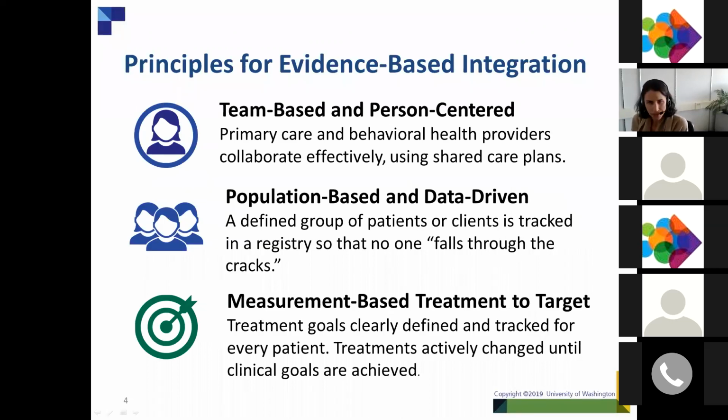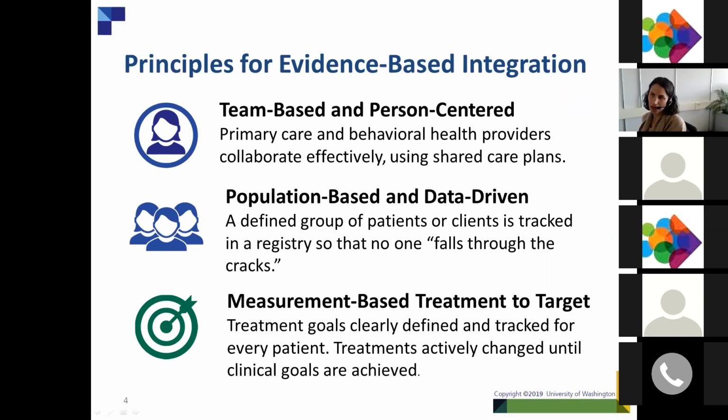On our last webinar, we took a deep dive into team-based roles, and we talked a lot about the role of the behavioral health provider in primary care, the role of psychiatric providers, whether in a consultative role or in other roles, and the other care team members that are part of that team. Today, I'm going to talk further about these two additional principles around being population-based and data-driven.